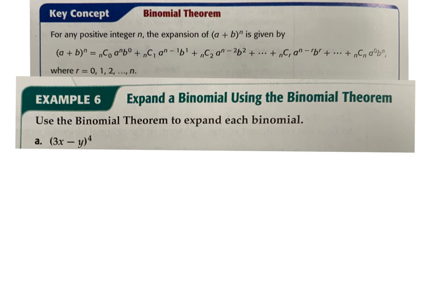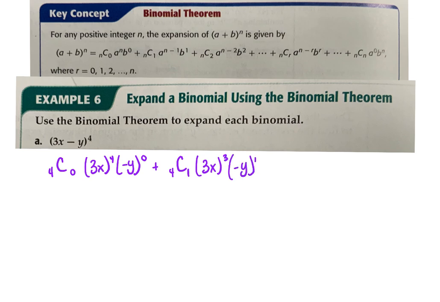All right, so we're going to do exactly what we did with Pascal's, but instead of the triangle, we're going to say the combination of 4 things taken 0 at a time. And then we're going to have 3x to the 4th, negative y to the 0. Combination of 4 things taken 1 at a time. 3x cubed, negative y to the 1st.